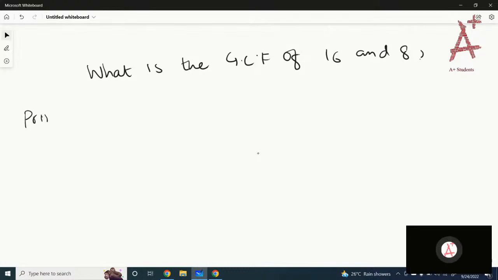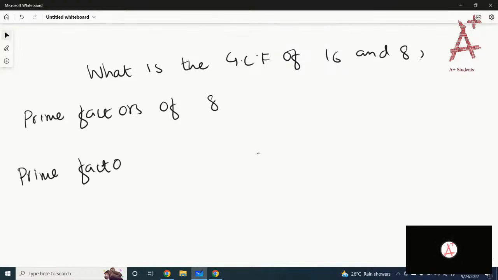You have to write the prime factors of 8 and the prime factors of 16. So the prime factors of 8 are 2 times 2 times 2. And the prime factors of 16 are 2 times 2 times 2 times 2. Now you have to write the common factors.